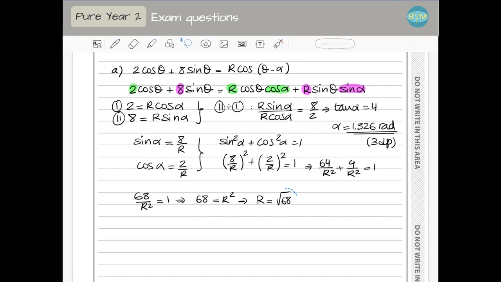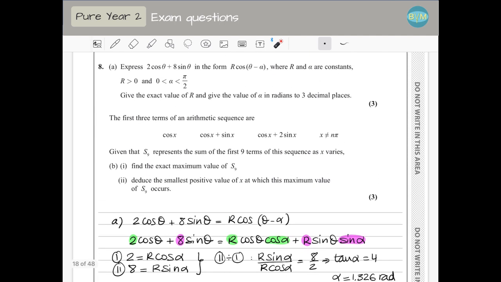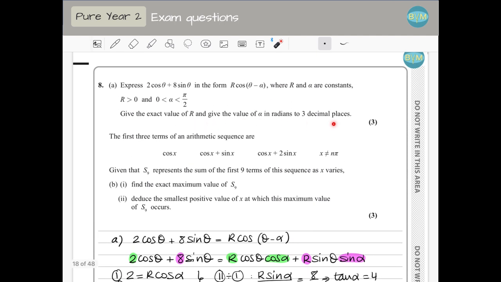Even if you want, you can write both values, but then say that r is only the positive one. Root 68, if we simplify, is 2 root 17. So we are choosing r positive. So we have found r and alpha. That's the first part.